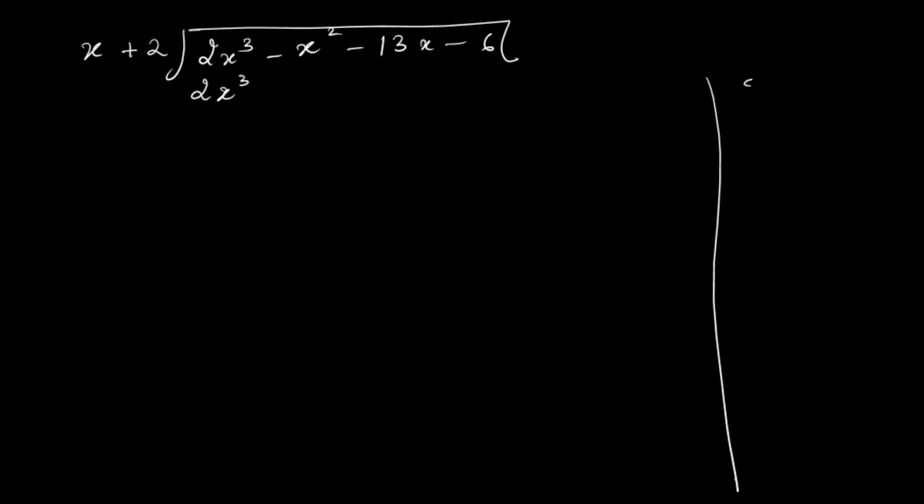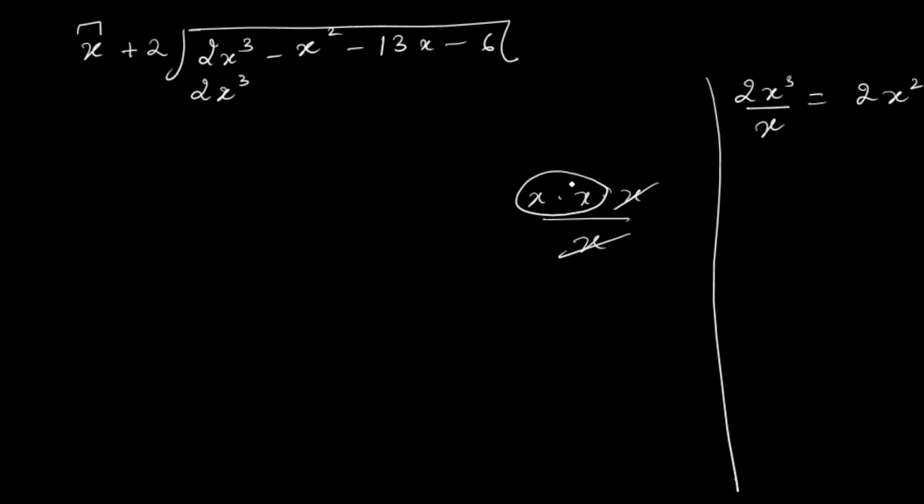Then we divide this first term, 2x cube, by the first term of the polynomial with which we are dividing, that is x. If we divide these two, we'll get 2x square, because x cube divided by x, one x gets cancelled. So I write that 2x square in the quotient.